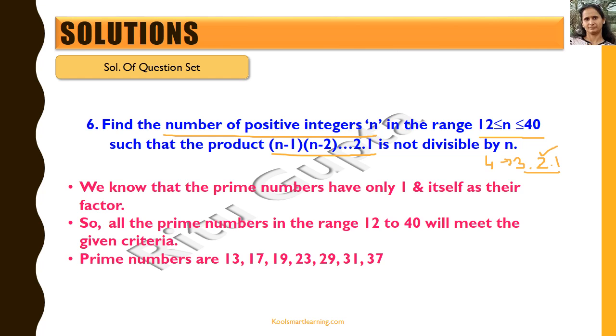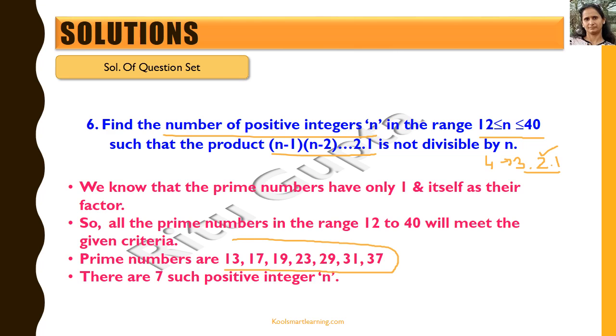The prime numbers between 12 and 40 are 13, 17, 19, 23, 29, 31 and 37. So there are these 7 possible positive integers between the range 12 to 40, such that this product is not divisible by n.